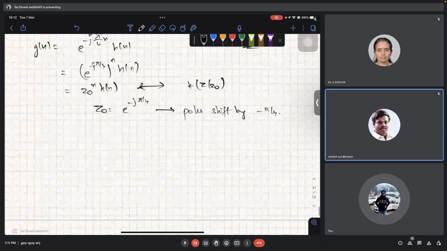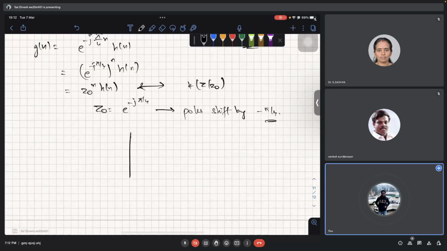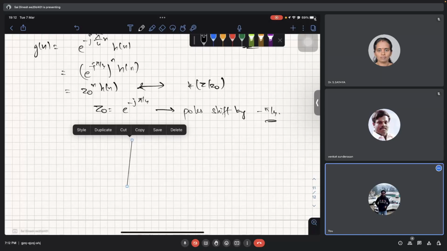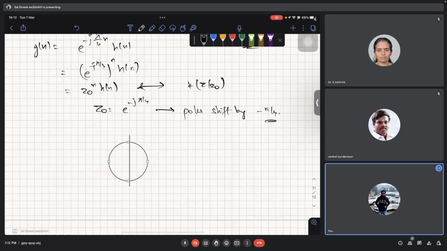Yeah, sir. So when you shift it by minus pi by 4, the new poles will be shifted onto the real and imaginary axis, right?